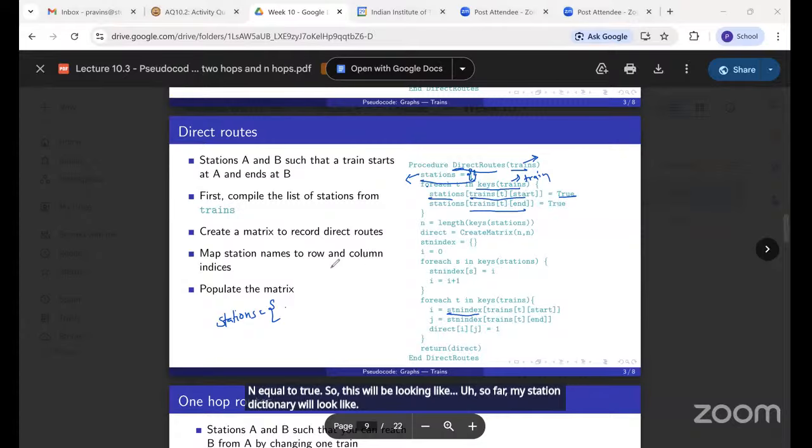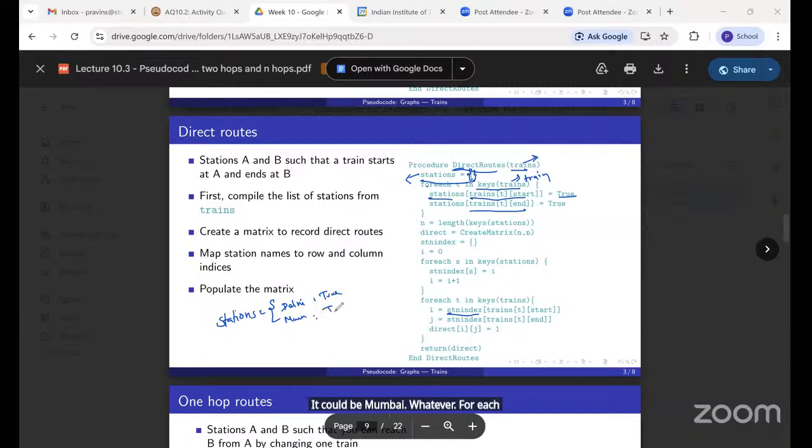So far my station dictionary will look like this: station start is nothing but a station name. It could be Delhi, Mumbai, whatever. For each station that has been a start or end, we are setting it for all the trains in the train dictionary, not only for a specific train. It could be Chennai, whatever the start and end stations, just start and end stations.